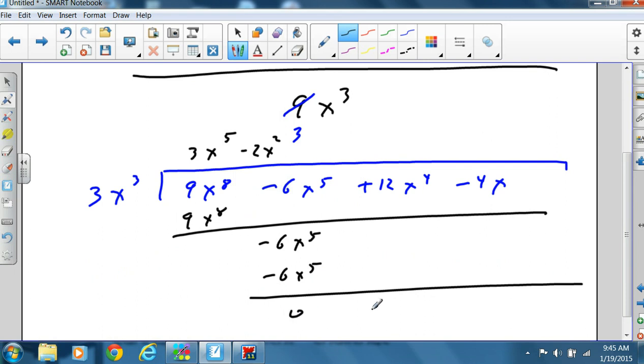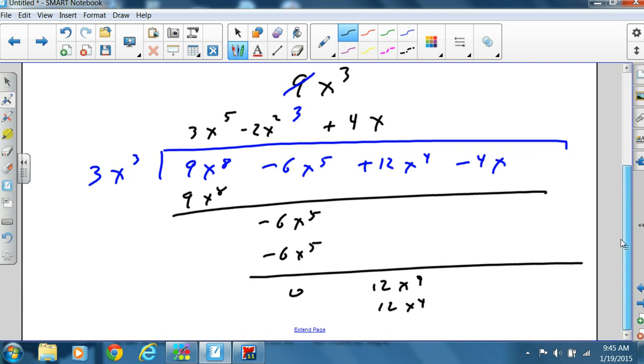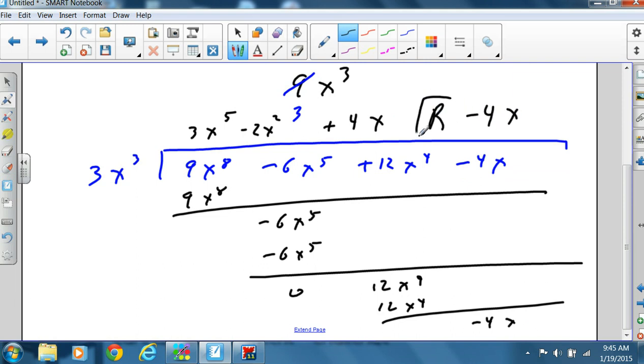I get 0 again. 12x to the 4th, 4x goes in there times 12x to the 4th. I get a 0 minus 4x. I'm going to get a remainder of minus 4x.